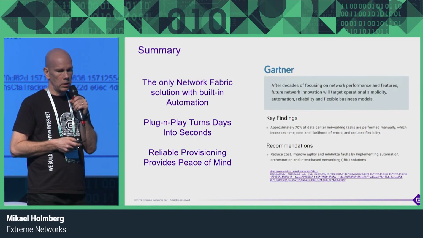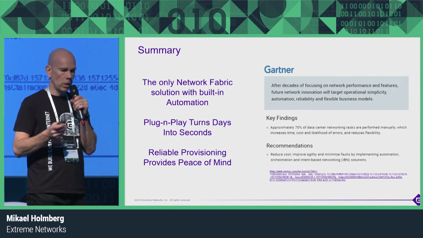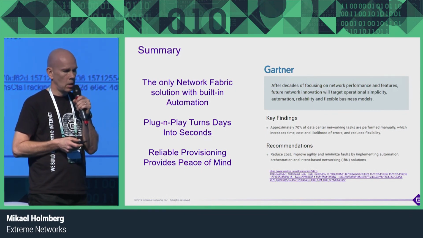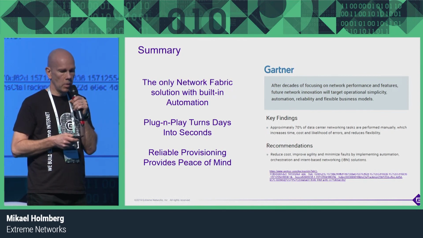With that said, this is my last summary slide, which summarizes this presentation by saying that these are the only network fabric solutions with built-in automation. I covered a few of those. And it's plug and play. You just plug in, as I tried to show you on the slide. And then reliable provisioning provides peace of mind.